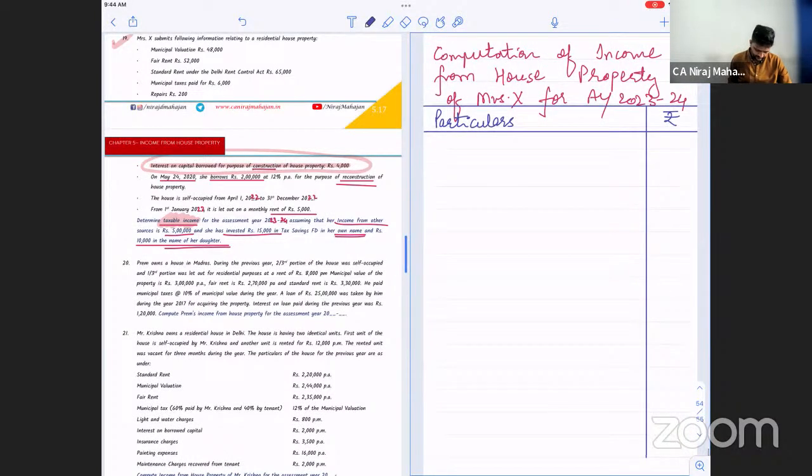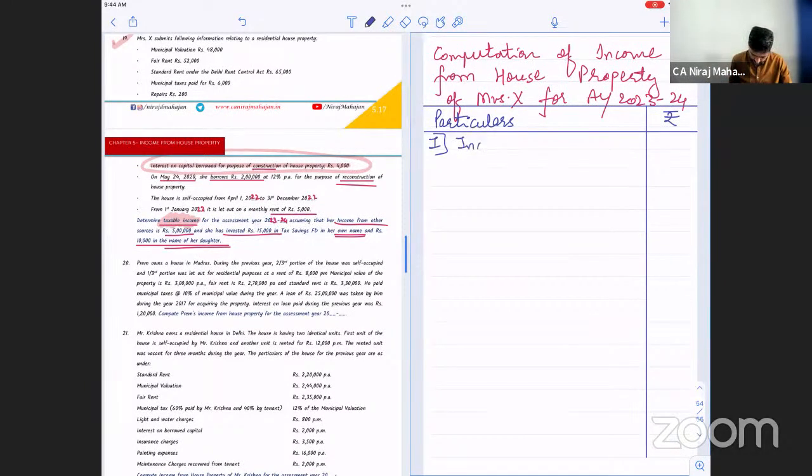Ready? Understand? Okay. Pay attention. How many heads of income do we have in the question? We have 2 heads of income: house property and other sources. And as per sequence, obviously house property will come first.